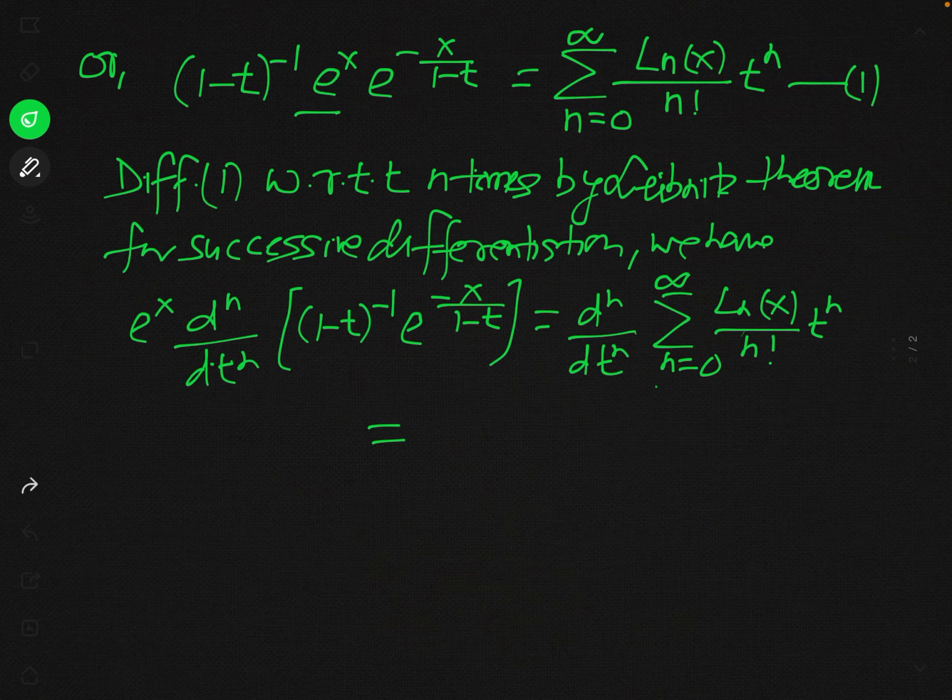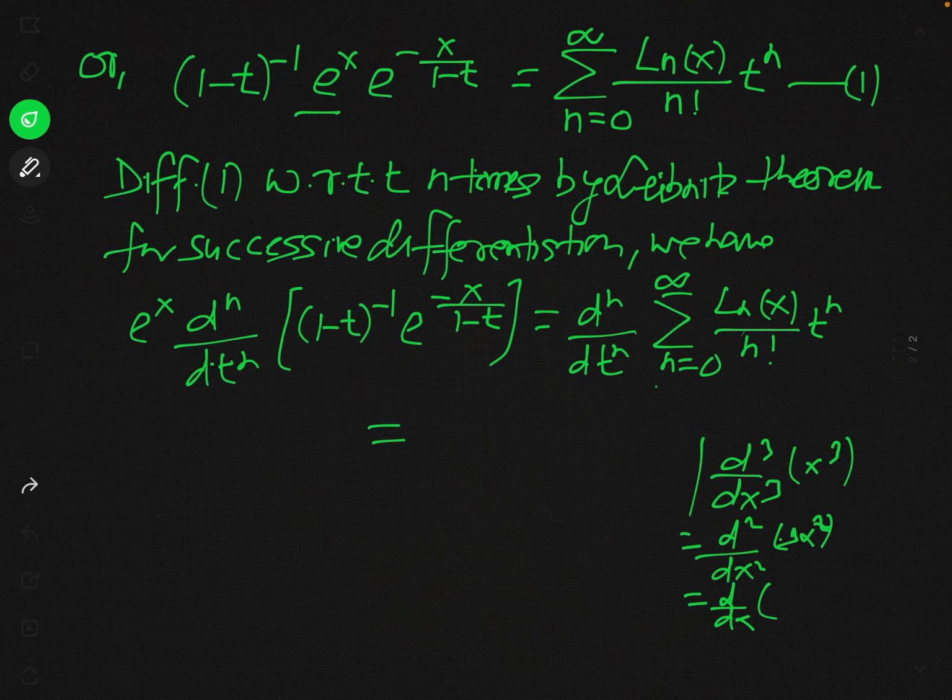For example, if we consider the function x cube and differentiate it 3 times, then d^3/dx^3 of x cube will be, first of all, d^2/dx^2 of 3x square, and then d/dx of 6x, and then this will be 6.